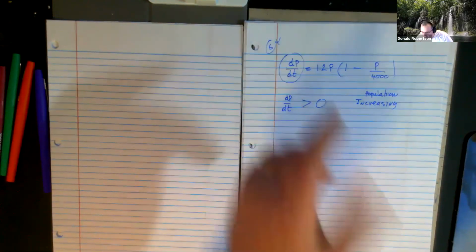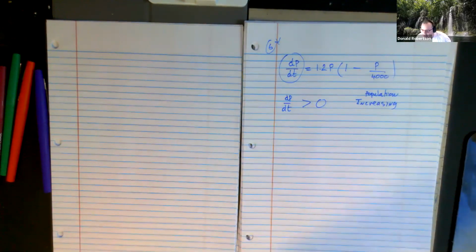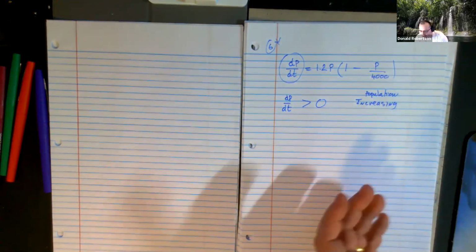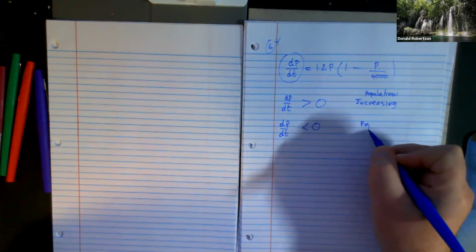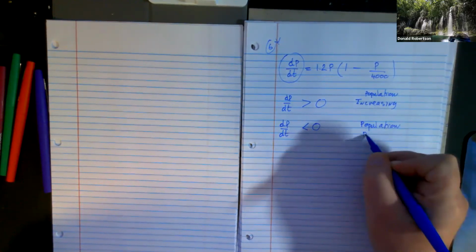A positive derivative means next year there's going to be more people in Seattle than there was last year, or more rabbits on the island than there was last year. Of course, if it's negative, doesn't that mean that the population will decrease?